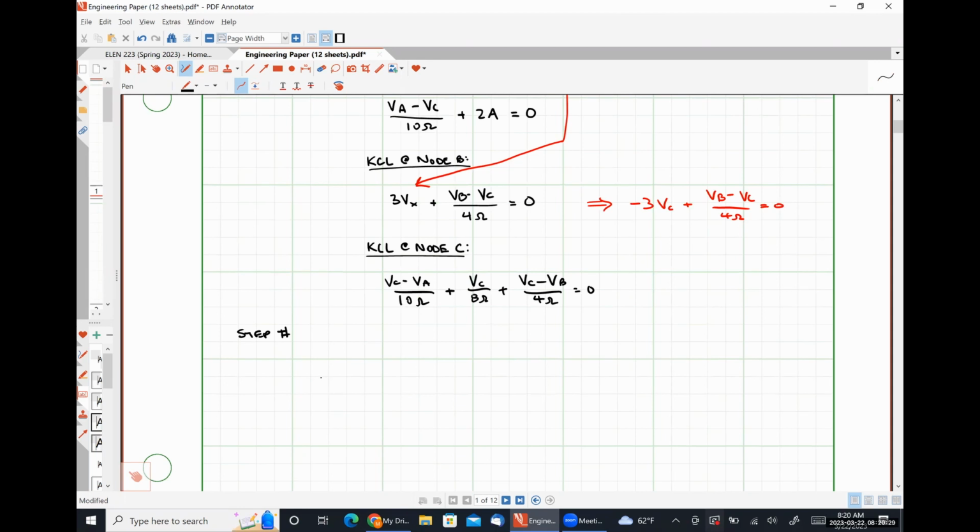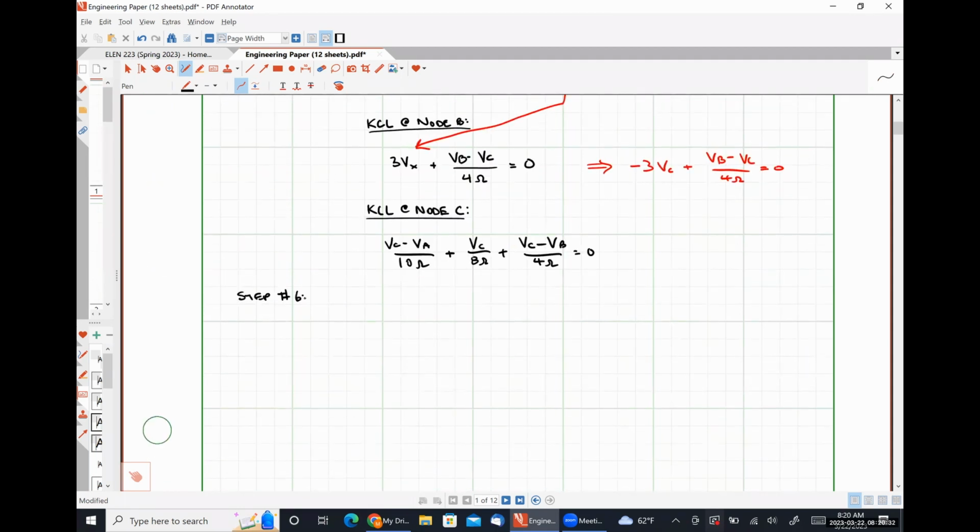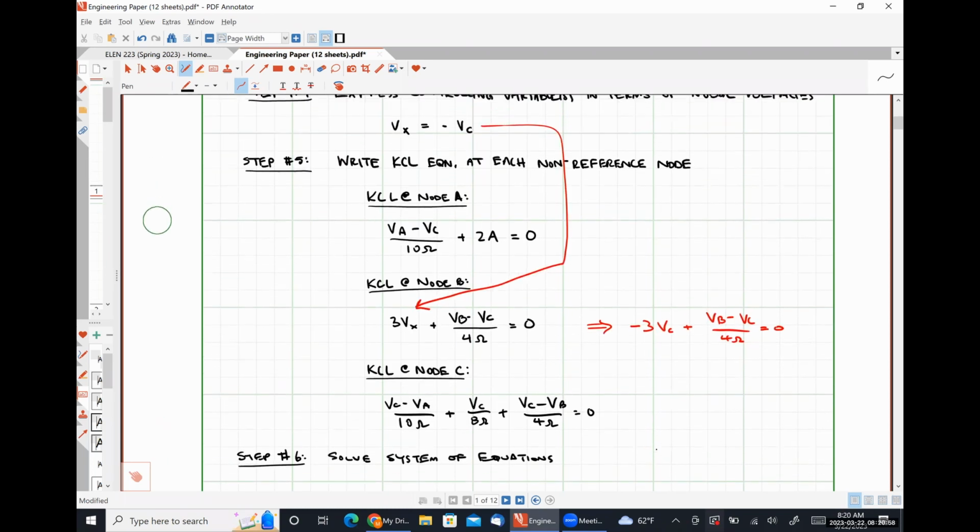Let's see, this is step number 6. I'm going to remember where the equation solver is here. This is a 3 equation, 3 unknown system. So I'm going to consider this one to be equation 1, this one to be equation 2, and this one to be equation 3.